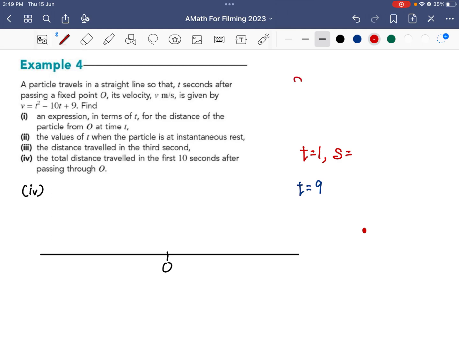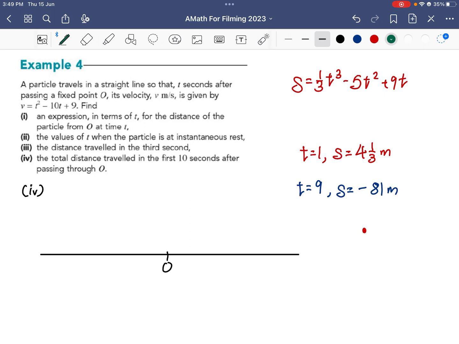So now at t equals to 1, our displacement, if you remember, was 1/3 t cubed minus 5 t squared plus 9t. So at t equals to 1, I calculate that my displacement is 4 and 1/3 meters. Then at t equals to 9, the displacement that I calculate is negative 81 meters.